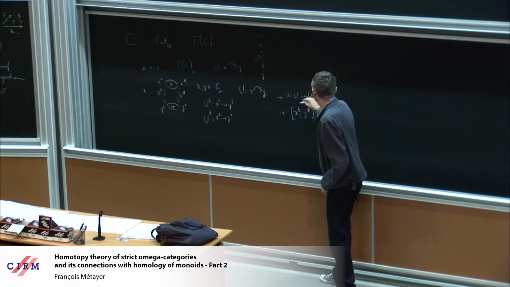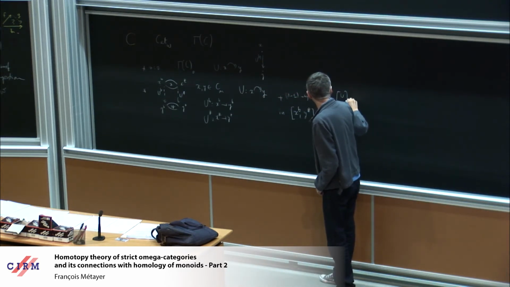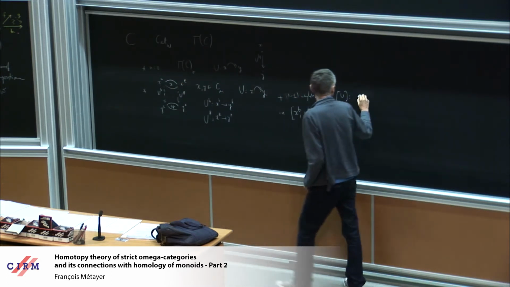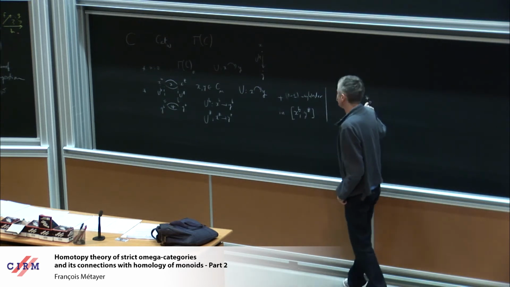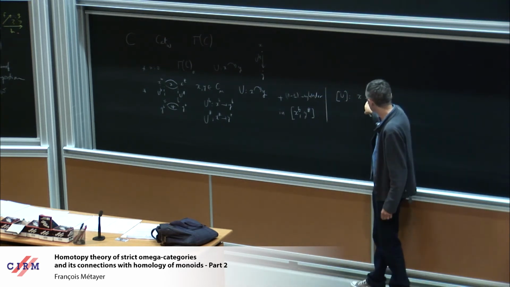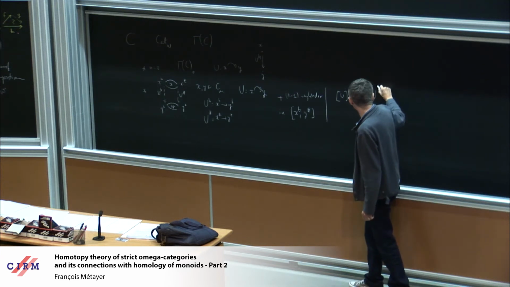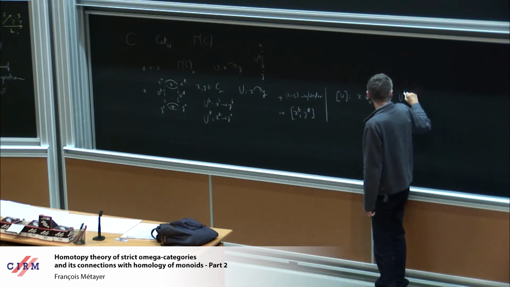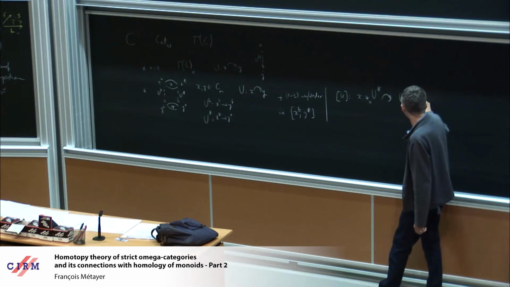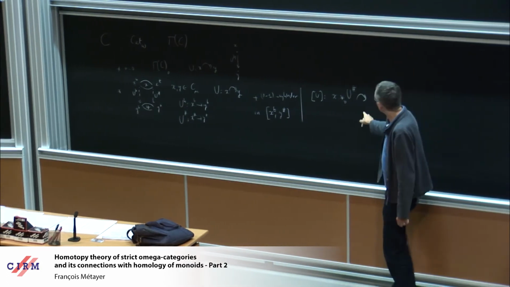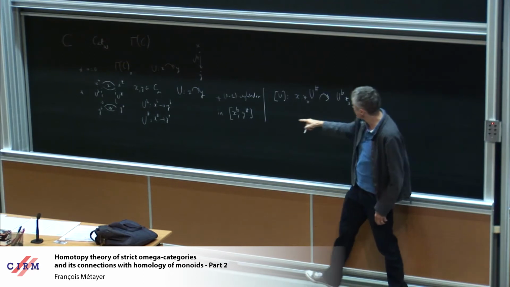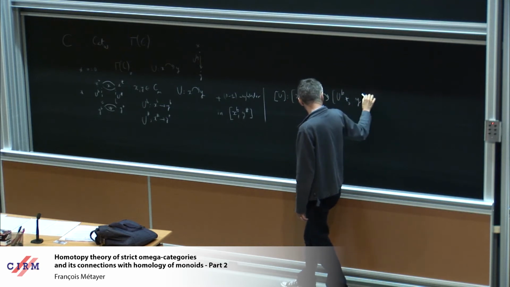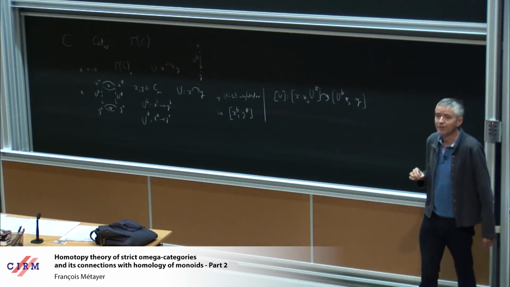So this new cylinder U goes from x composed along a zero connection with U sharp to U flat composed with y. Of course, those cells are seen in this category, so I should put brackets here as I explained yesterday.